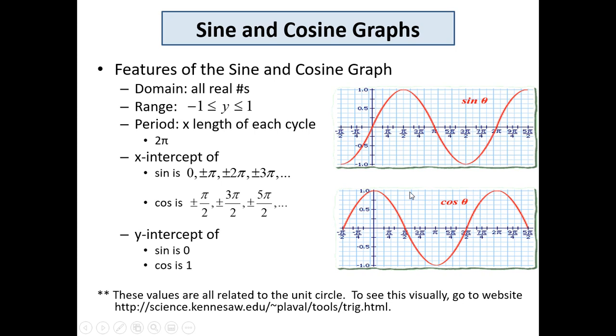So its cycle, its period, is 2 pi as well. And it crosses the x-axis at pi over 2, 3 pi over 2, 5 pi over 2, and so on and so forth. It's going to cross the y-axis in exactly one place. For sine, that happens at (0, 0). For cosine, it happens at (0, 1).